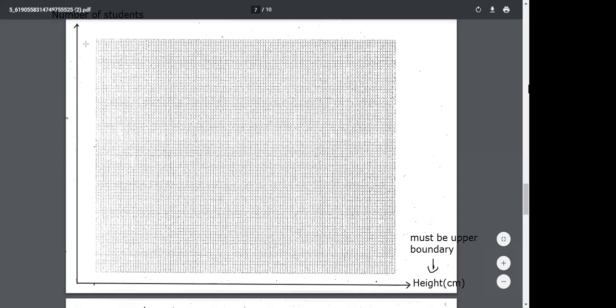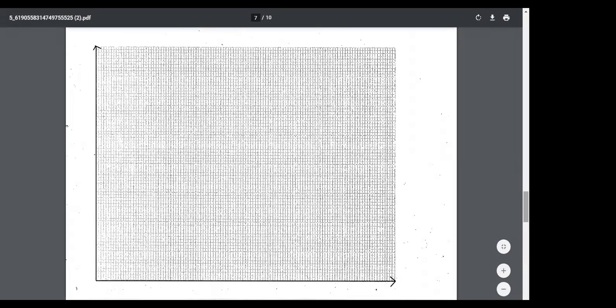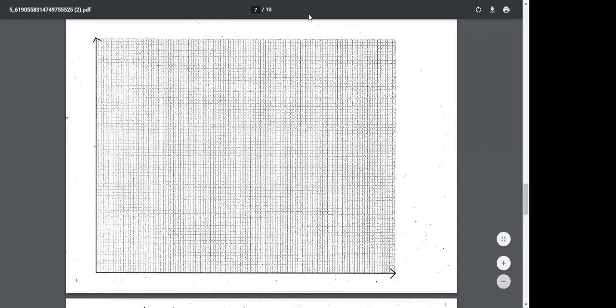You must start from the point where the frequency shows 0. So from the table, we look at which point starts from 0.